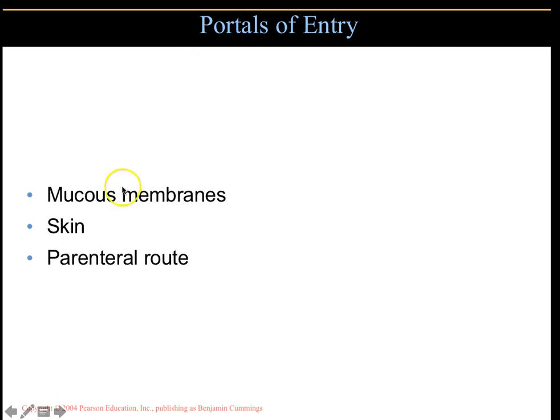The skin, if the skin has some sort of break in it. Normally skin is a dead layer and it's also keratinized, so it's waterproof. And only if that is disrupted can a microbe, a pathogen, enter. Parenteral would be injection.